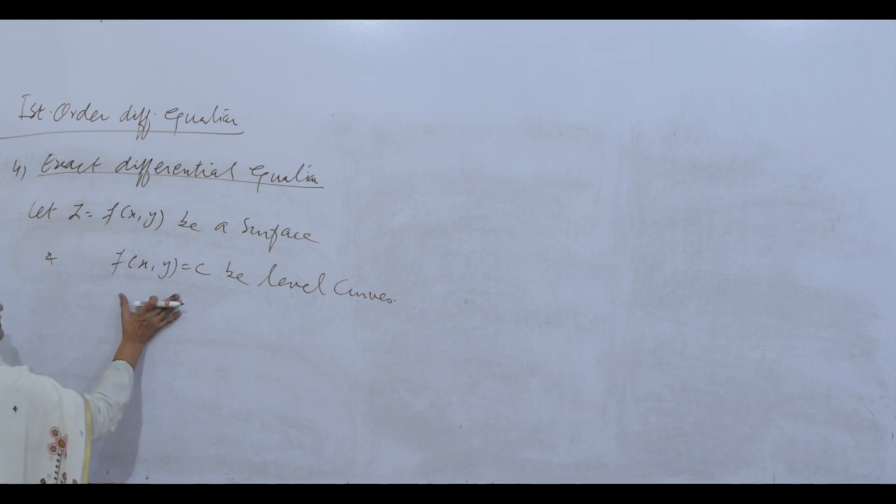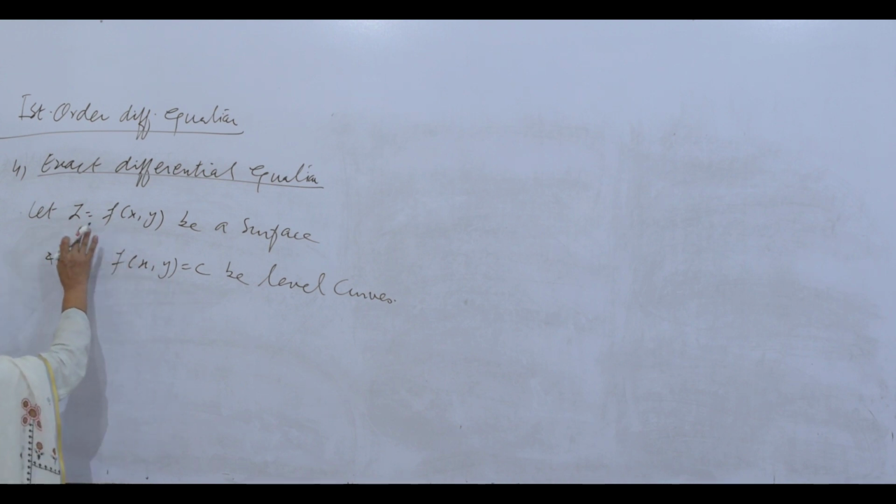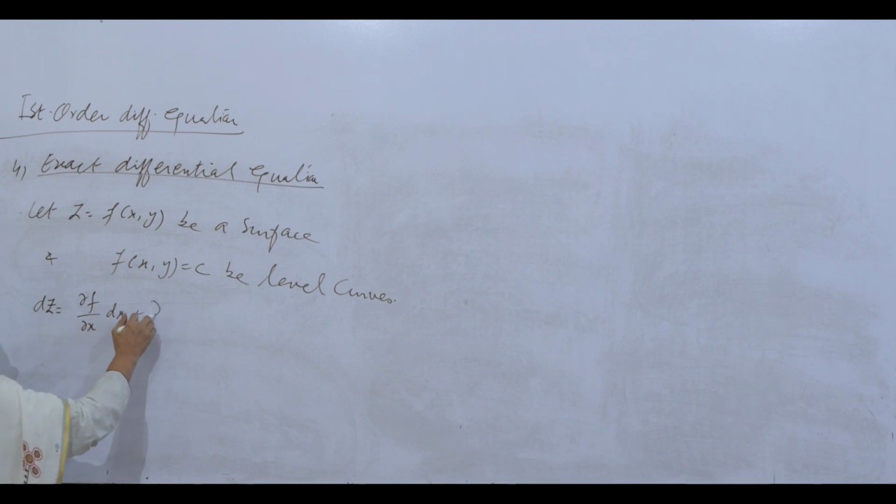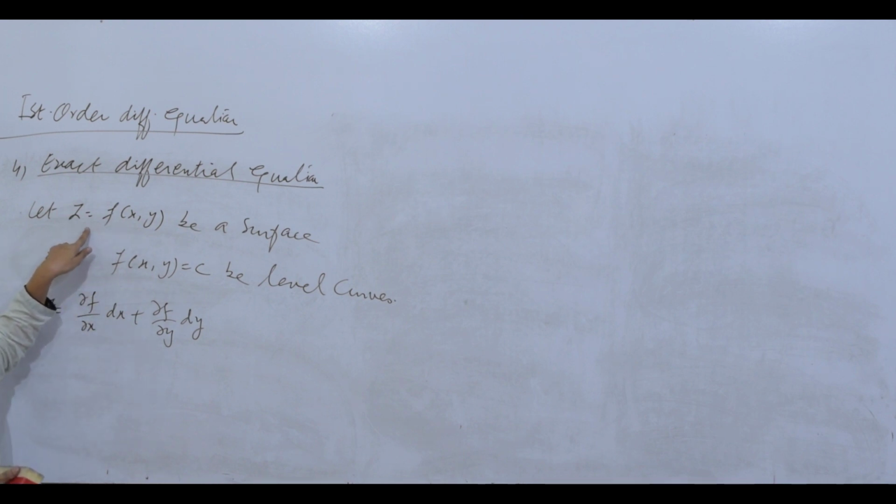In level curves you can have the derivative, here you have the differential. So dz, the differential of this surface, can be written as partial f over partial x dx plus partial f over partial y dy. This is the differential of this.